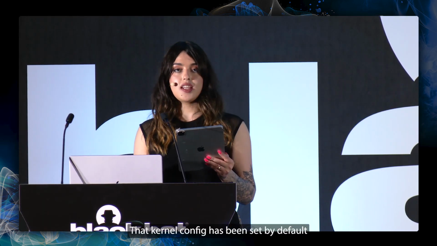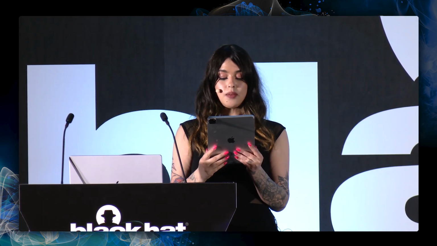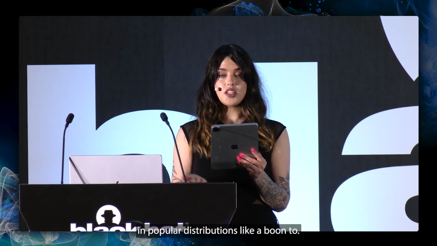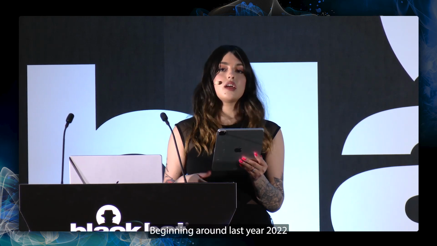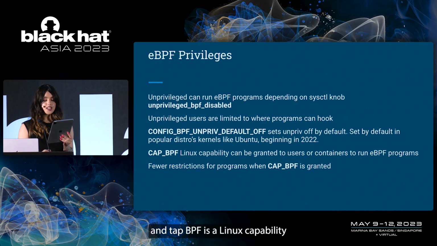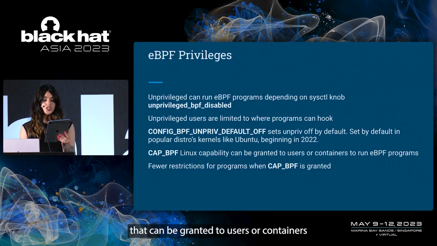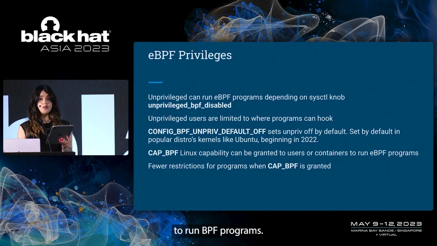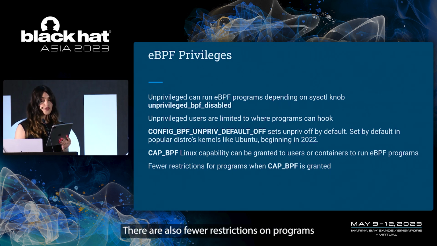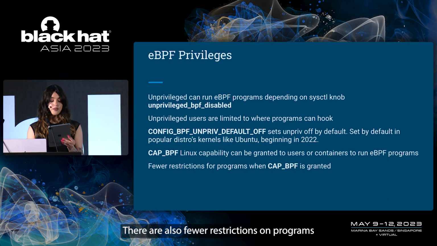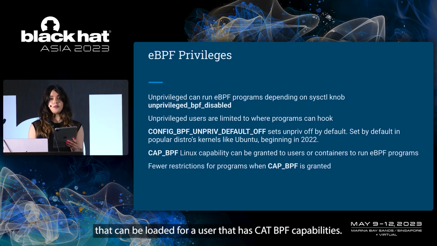That kconfig has been set by default in popular distributions like Ubuntu, beginning around last year, 2022. And CAP_BPF is a Linux capability that can be granted to users or containers to run eBPF programs. There are also fewer restrictions on programs that can be loaded for a user that has CAP_BPF capabilities.